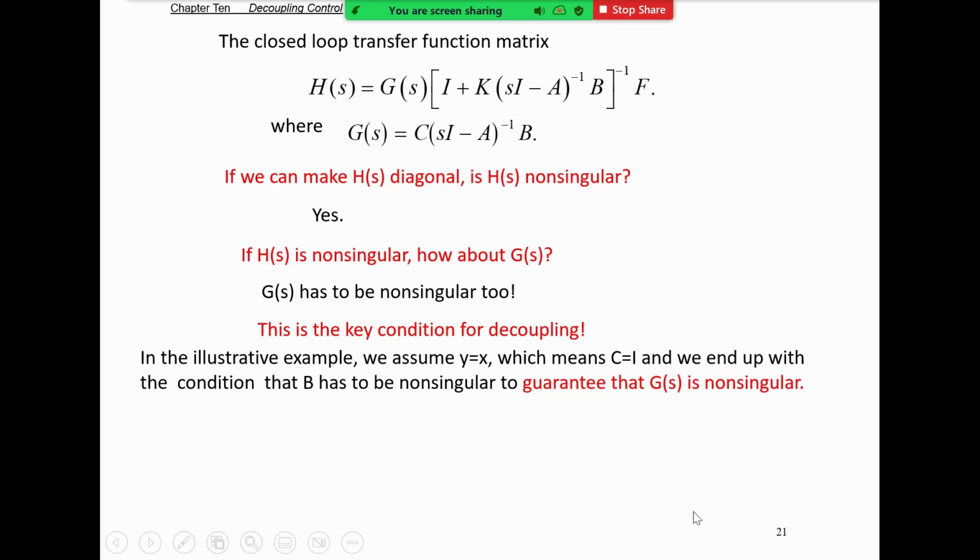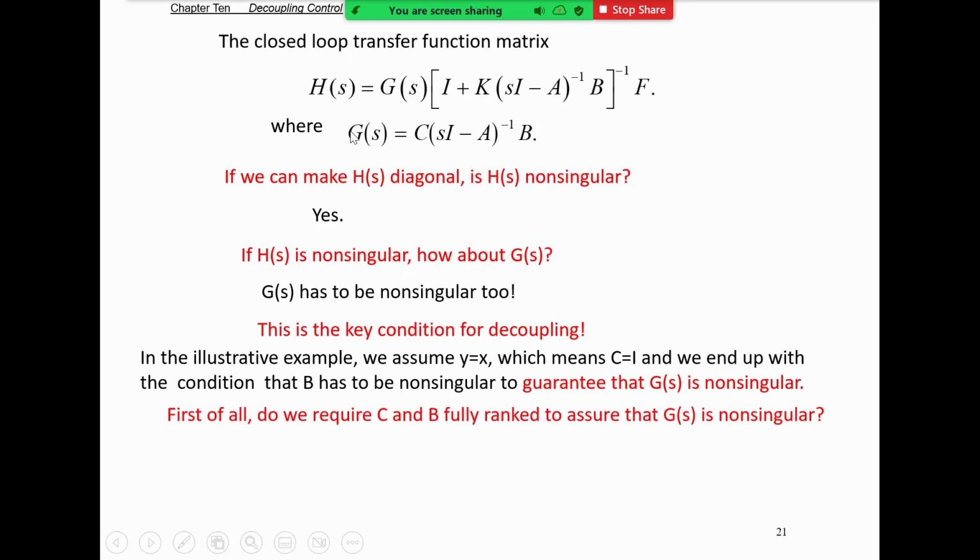First of all, we need to make sure this G is non-singular, right? Now this G is expressed by C times the matrix times B. To assure this G is non-singular, do we require C and B to be non-singular? Yes, I just showed you from linear algebra, every element in that multiplication has to be full rank.